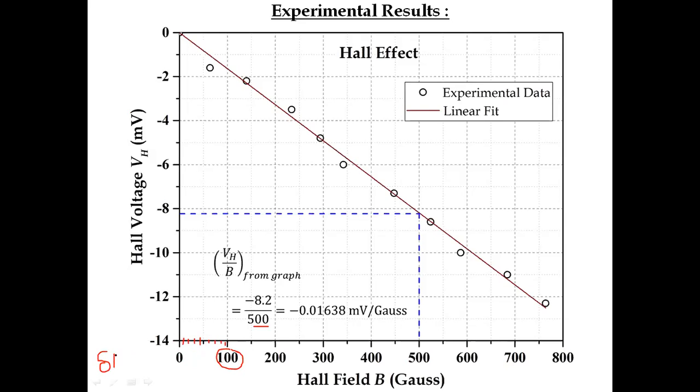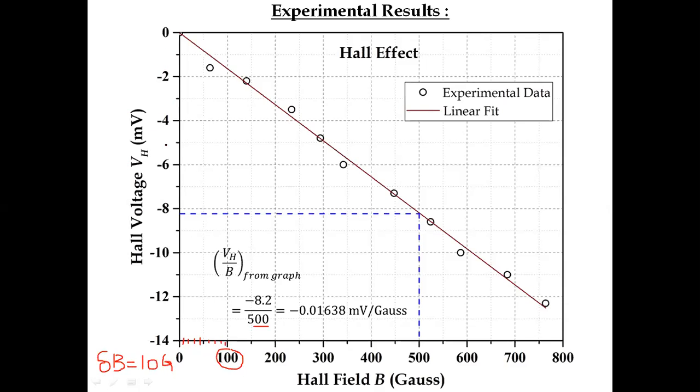Delta B is the smallest unit along the x-axis. In this case it will be 10 Gauss, because from 0 to 100, 100 to 200, between each 100 Gauss there are 10 small divisions along your x-axis. So one small division is equal to 10 Gauss, and delta B would be 10 Gauss.